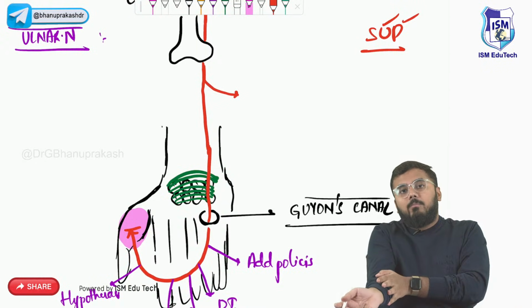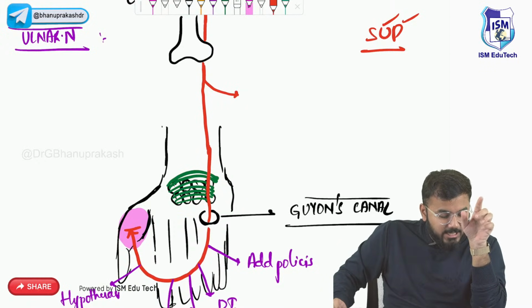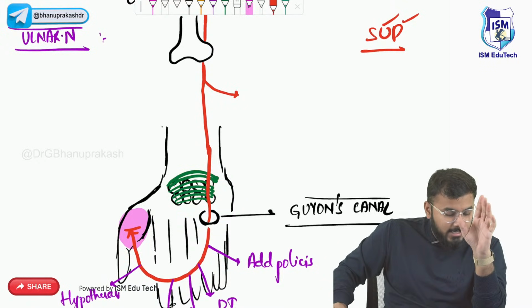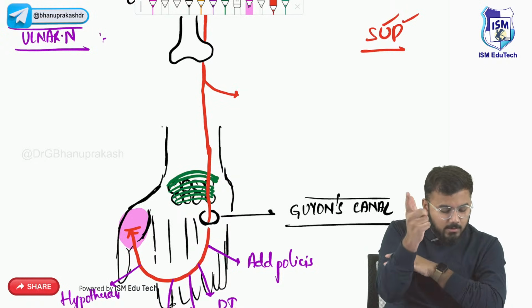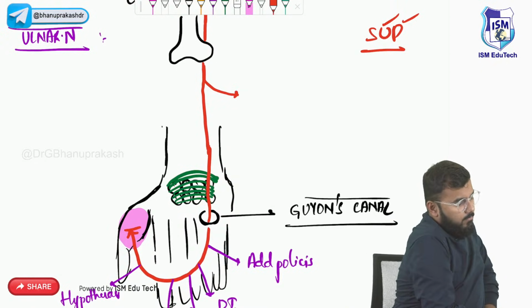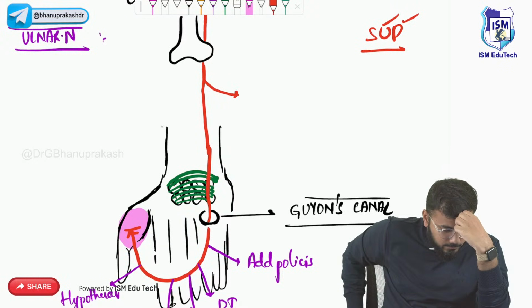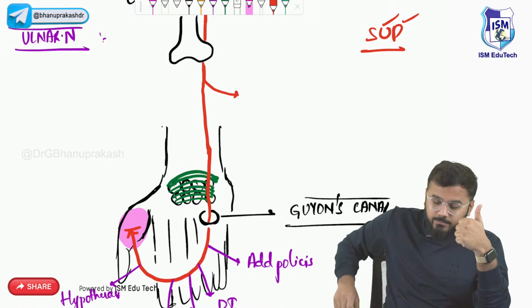Okay. Now another important thing you need to know is that ulnar nerve also will give a branch here in the forearm. What is that branch? Can anyone tell me now? If you have understood this lecture clearly, you will tell me what is that branch which supplies a forearm muscle. Two muscles it will supply. Flexor carpi ulnaris.